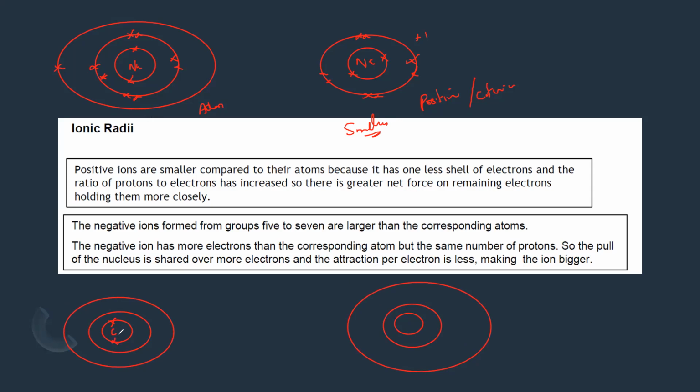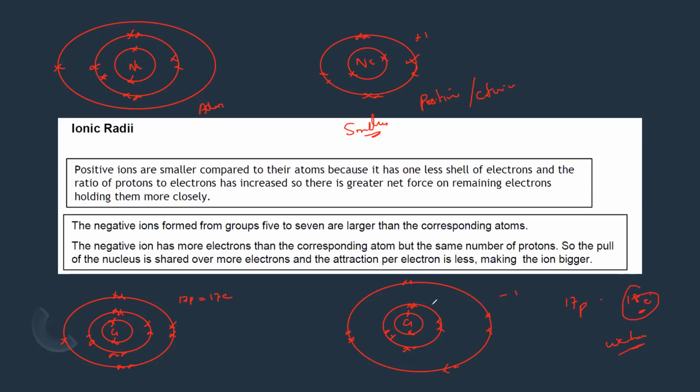The chlorine atom has 2, 8 and 7, but the chloride ion has 2, 8 and also 8 electrons in the third shell. So in the chlorine atom, 17 protons are attracting 17 electrons, but in the chloride ion, 17 protons are attracting 18 electrons. So the attraction on each electron will be weaker.